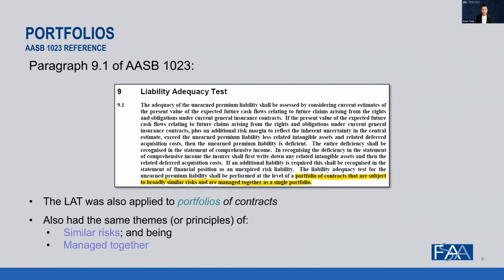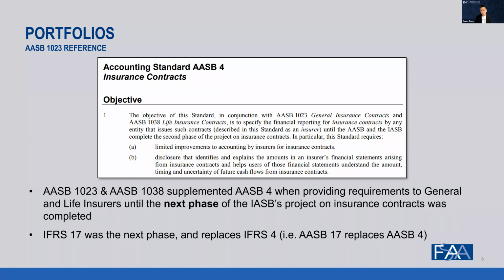It's not a surprise, because AASB 1023 comes off the back of AASB 4, which is the standard that IFRS 17 replaces. In the past, when AASB 4 came about, our accounting standards board decided to issue AASB 1023 for general insurance and AASB 1038 for the remaining insurance companies as supplementary documents to apply AASB 4.